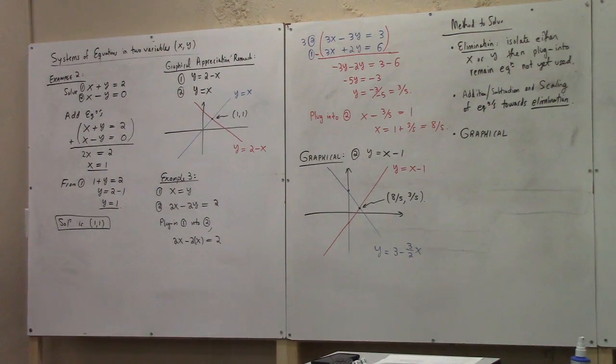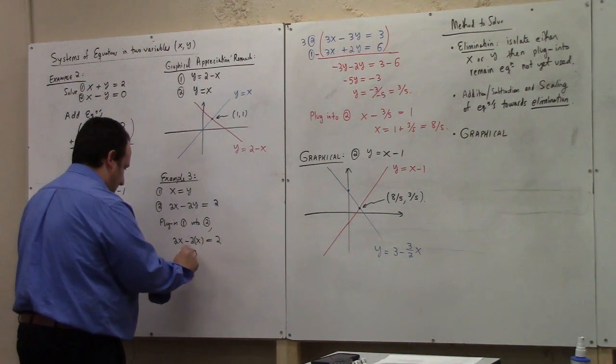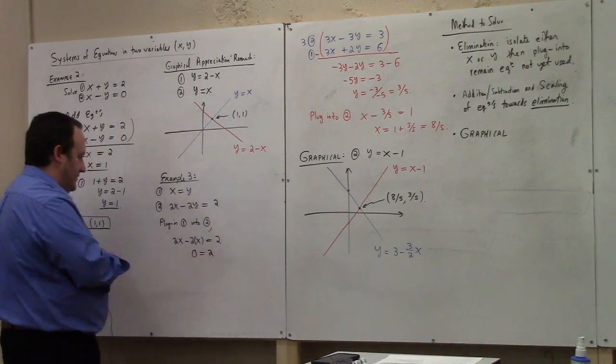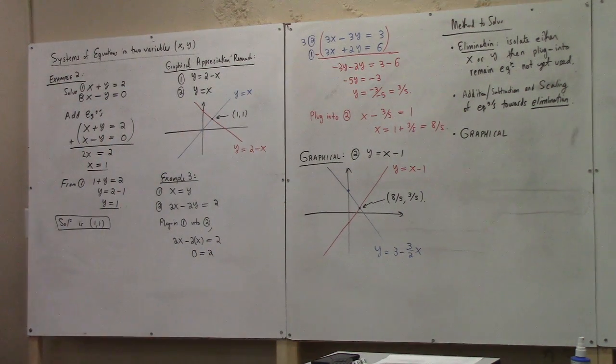What's 2x minus 2x? 0, all right. And so we just find that 0 is equal to 2, which is not true, right? So that means that this given system of equations is not consistent. There is no solution.